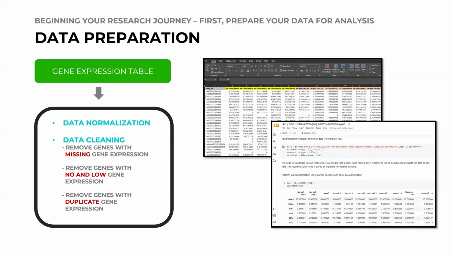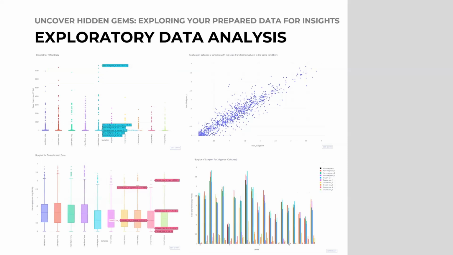Before even getting into the downstream analysis, it's important for you to explore your data and understand what types of samples you have, what their characteristics are, what the variance between the samples is, if there is any, and whether it is good enough to proceed ahead for downstream analysis or not. So exploratory analysis is basically an approach to analyze data sets to summarize their main characteristics, often employing different visual methods.